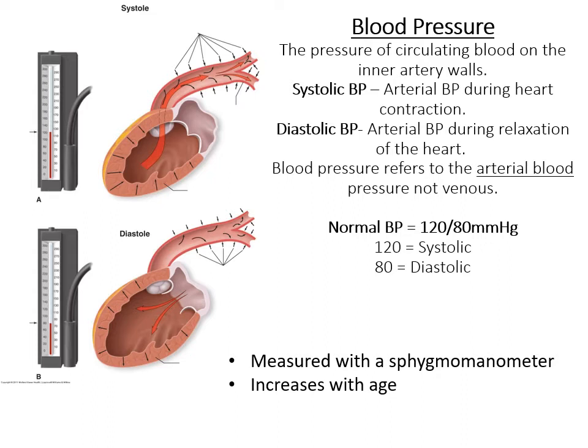And remember that with blood pressure, as we get older, what happens? The arteries get stiffer and stiffer. They're not as flexible anymore during heart contractions, where the arteries are able to flex open a bit more and stretch.